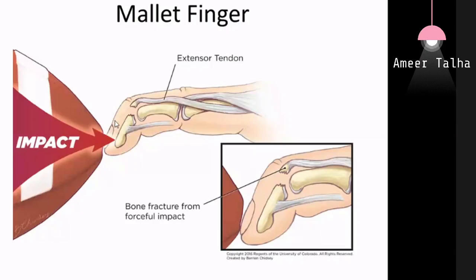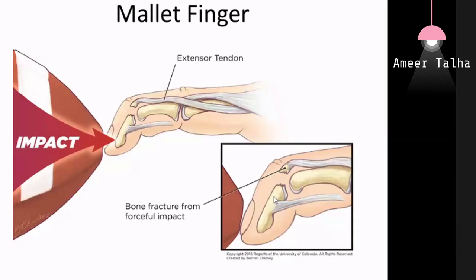Sudden forceful flexion of the distal interphalangeal joint in any condition can lead to it. Again, there is a fall on the hand and excessive force applied to the distal interphalangeal joint, which would cause extensive flexion. It can also happen manually if the fingers are fully extended and suddenly flexed.